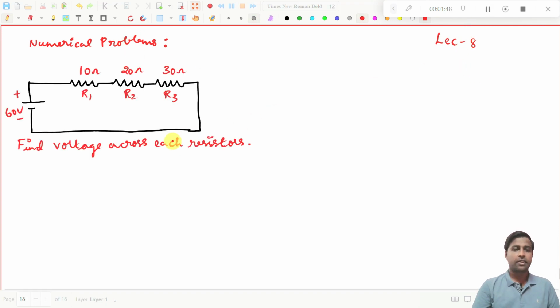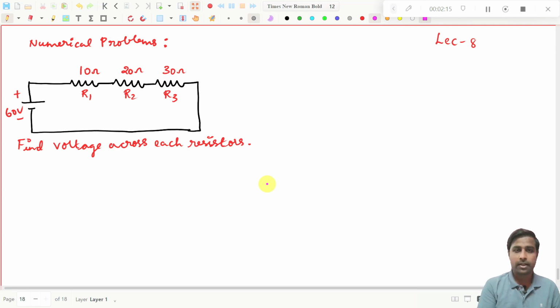It is a series circuit. You have to understand that we can apply the voltage division rule only in a series circuit, not in a parallel circuit. The voltage given is 60 volt, and all the resistors are given. They are asking you to find the voltage across each resistor.